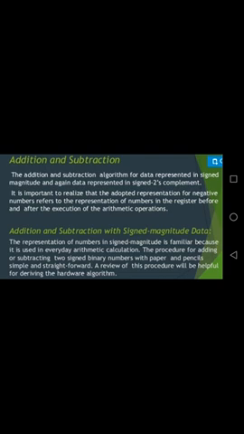A review of this procedure will be helpful for deriving the hardware algorithm. In general, performing addition and subtraction for signed binary numbers represented in signed magnitude is very much simpler, and it can be experienced on a daily basis.